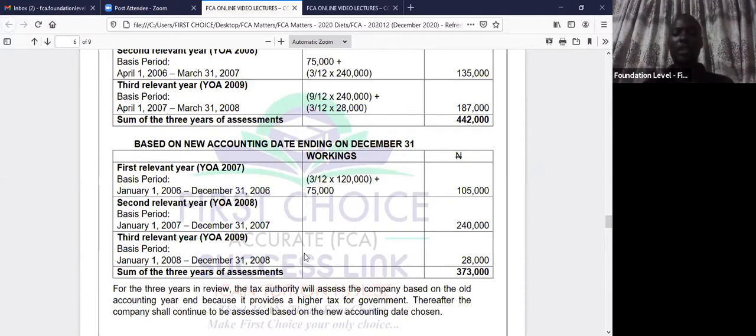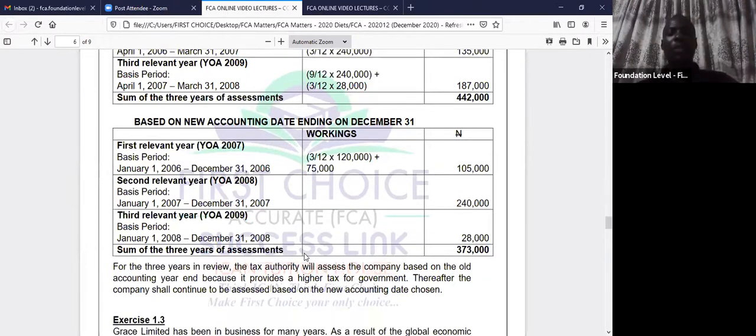Identify the 2 next years after it. Treat them using the old accounting date, then go back and treat them using the new accounting date. Compare the sum of the 3 years in the old accounting date with the sum of the 3 years in the new accounting date and choose the higher one. Okay? Thereafter, you shall continue to base your account on the new chosen date.